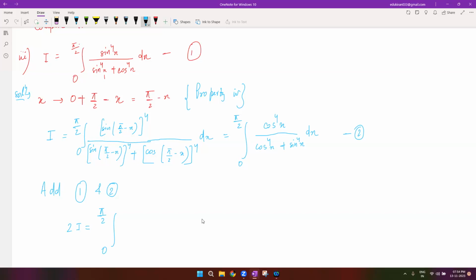Whenever your limits are the same, you can always add the two expressions. So I can write this as a single expression from 0 to pi by 2, adding these two expressions. While adding, the denominator is also the same, so it becomes very easy. Just directly add the numerator.